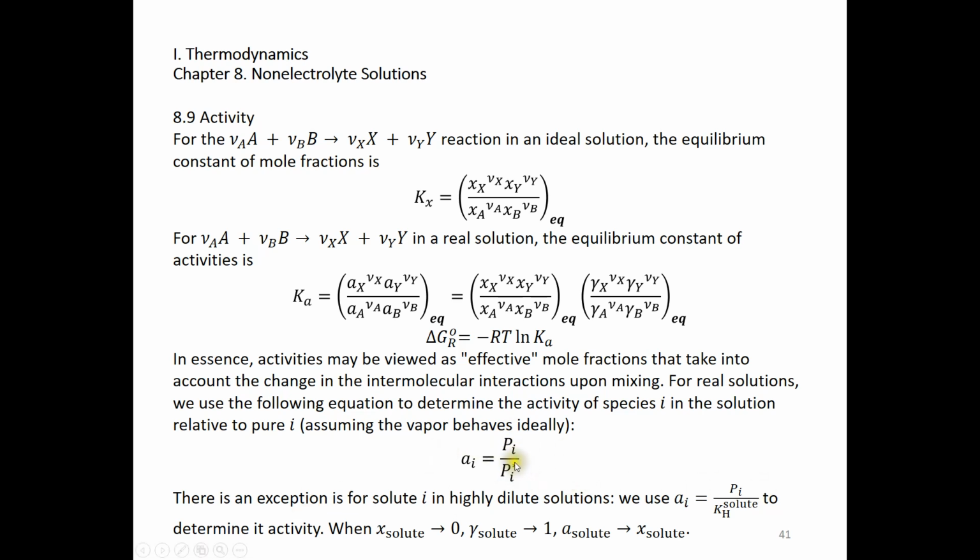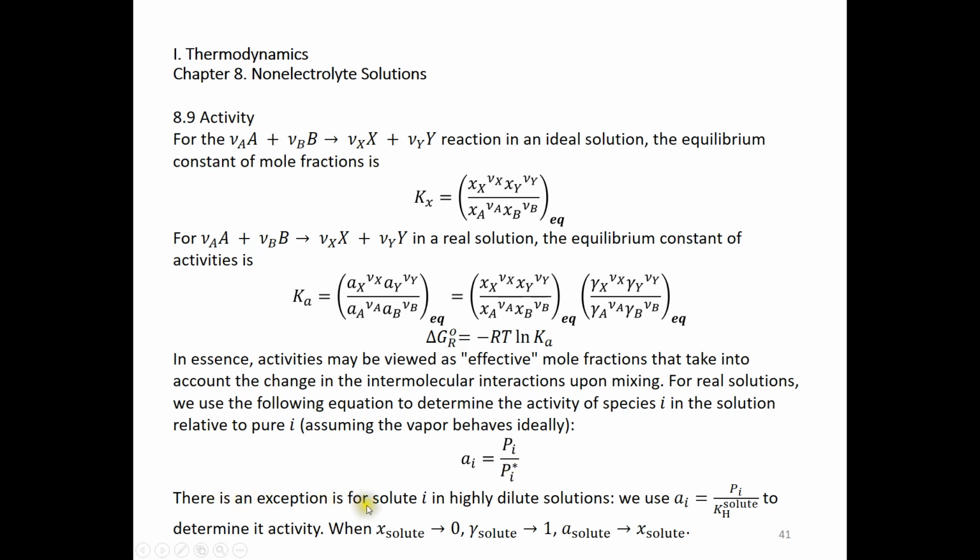P sub i star is the pressure of pure liquid i. And again, we're assuming ideal behavior of the vapor of i in this equation. Now, what if they do not behave ideally in the gas phase? Well, then we just need to use the fugacity of i on top of the solution divided by the fugacity of i on top of pure liquid i.